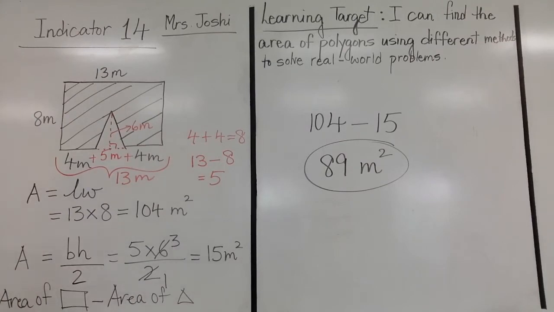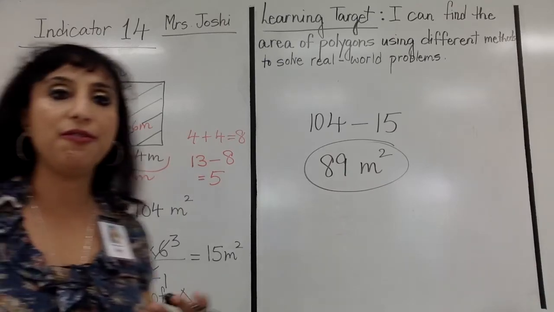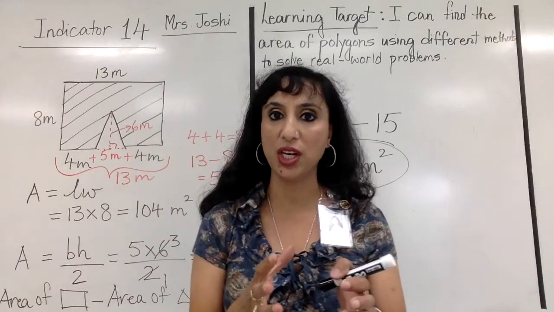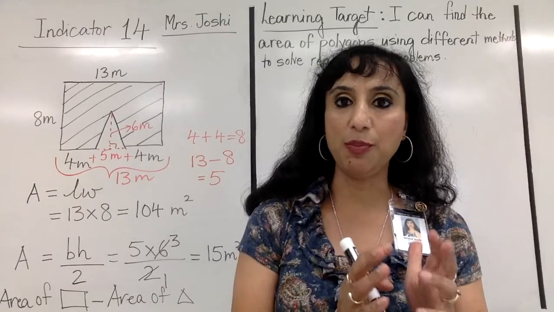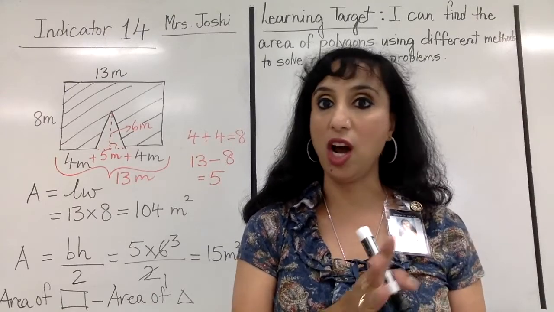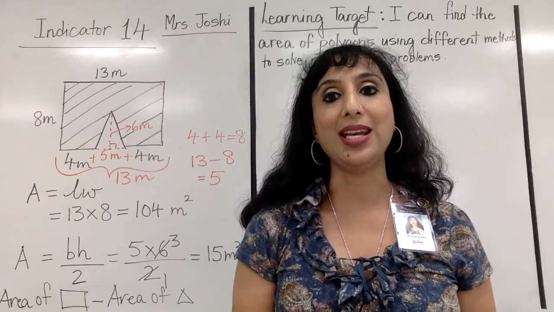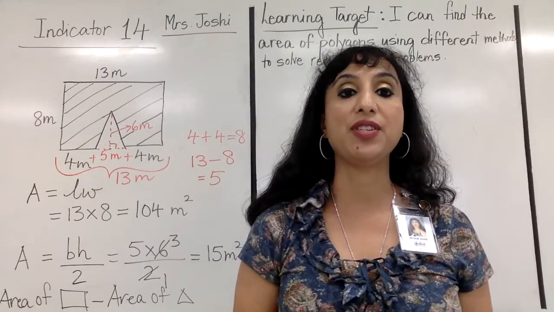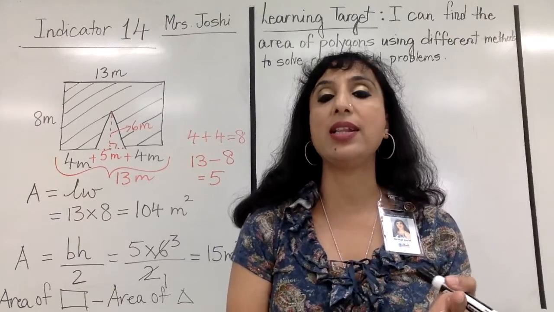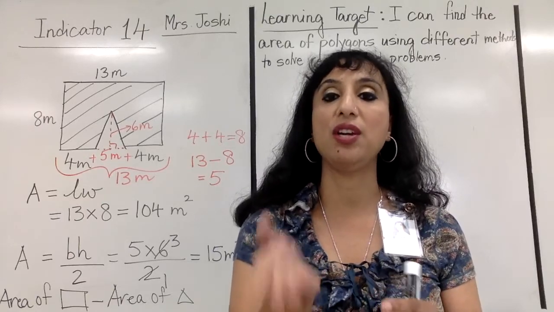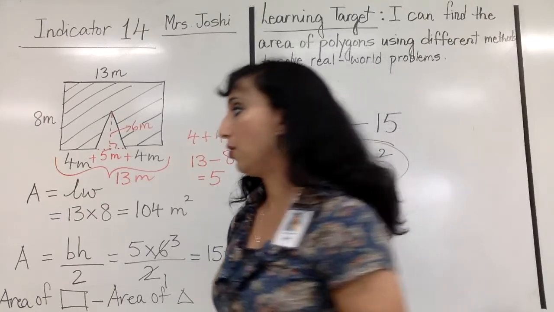So this is how we find the areas of composite figures. If shapes are part of each other, you add them. If there is an unshaded portion of that shape that is not part of the figure, in that case, you have to calculate each shape that is there and then subtract the unshaded region from the shaded region.